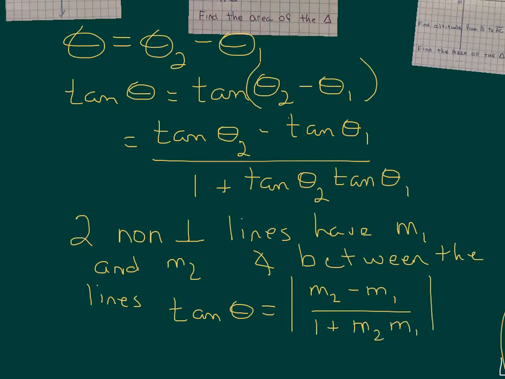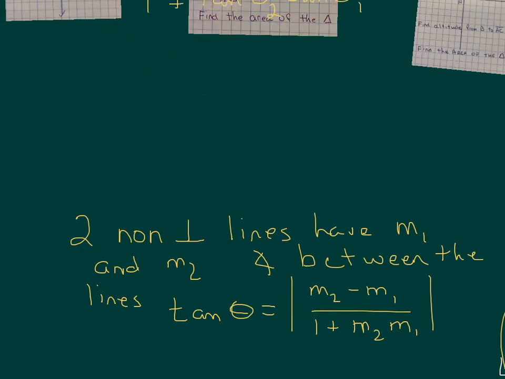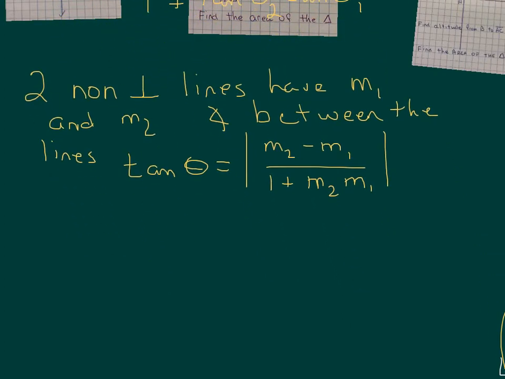Now notice we have to use absolute value because we're always going to have a positive acute angle. We don't ever want a negative angle. That angle has to be acute. And if you're not given which line is line 1 or line 2, because it's absolute value, you're going to get the same answer no matter which one you choose is line 1 or line 2.